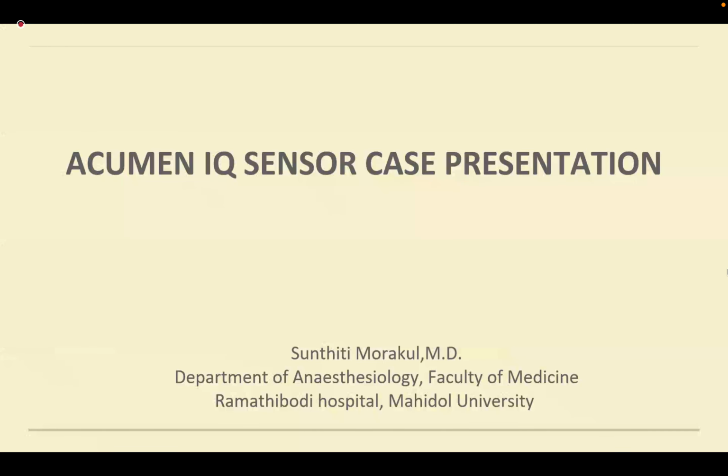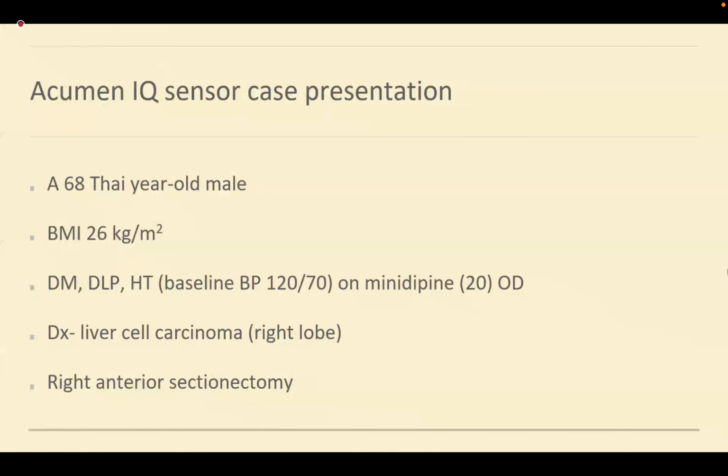This case is a 68-year-old Thai male, body mass index around 26, and comorbidities are diabetes mellitus, dyslipidemia, and well-controlled hypertension.